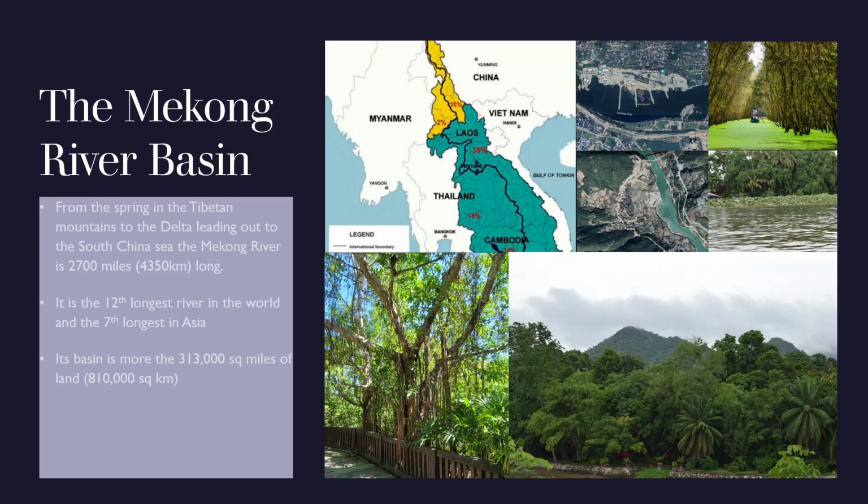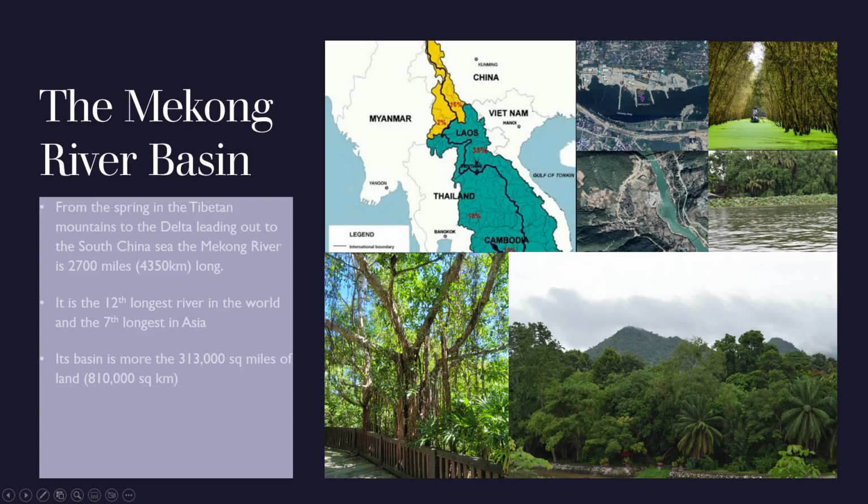down to the delta leading out to the South China Sea, which I had already shown, the Mekong River is approximately 2,700 miles, which is quite large. However, it is only the 12th largest in the world and the 7th largest in Asia. Its basin is more than 313,000 square miles of land.